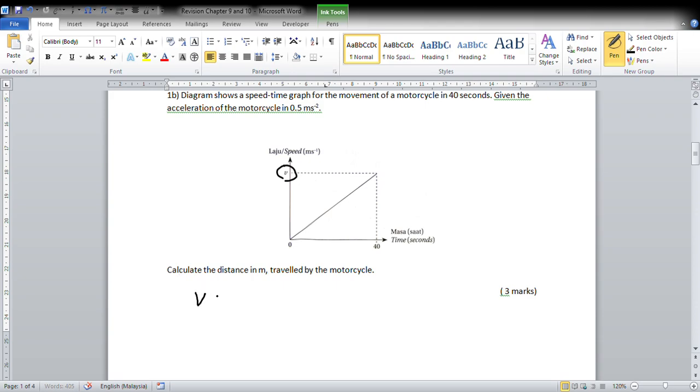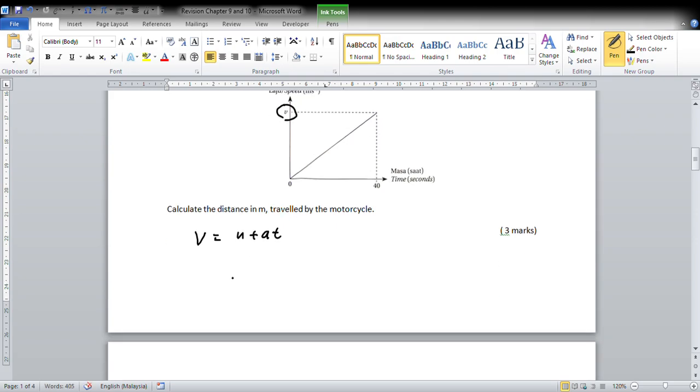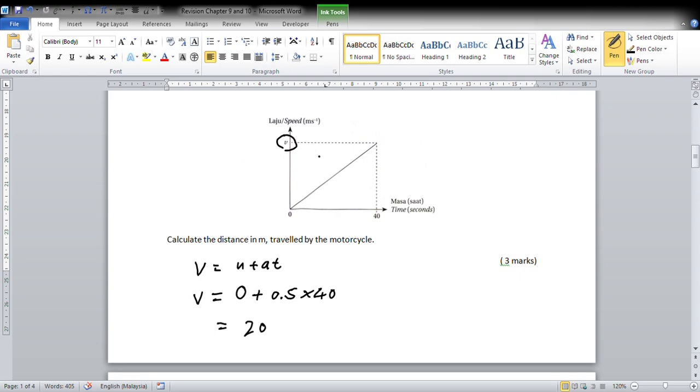The velocity is v equals u plus at, initial velocity plus acceleration times time. So u is 0 plus 0.5 multiplied by 40, you will get 20. That means the velocity at 40 seconds here is 20.